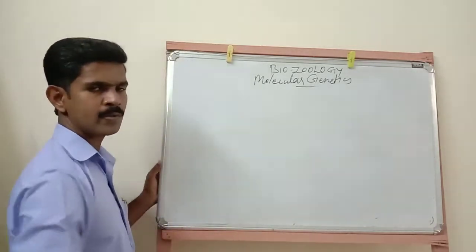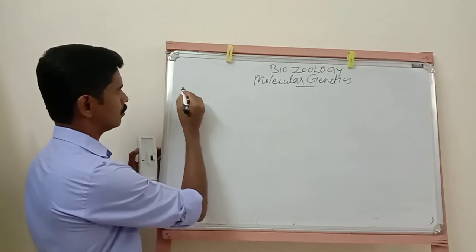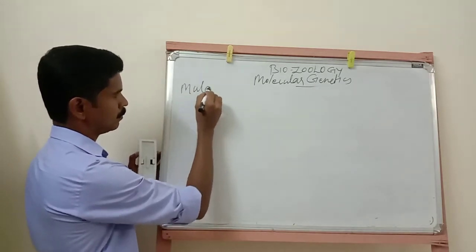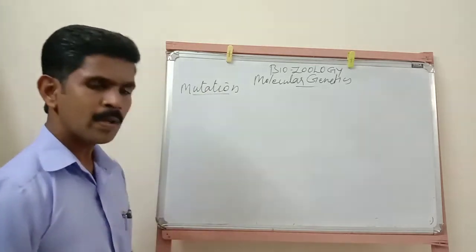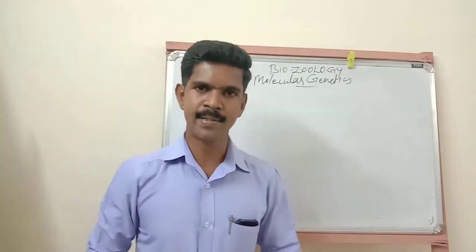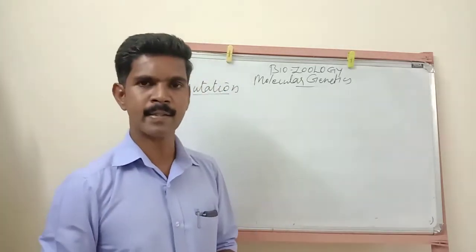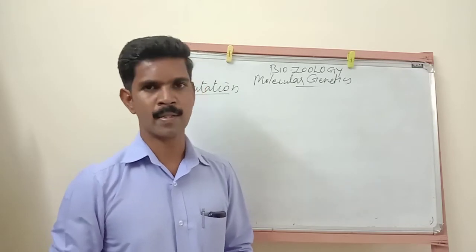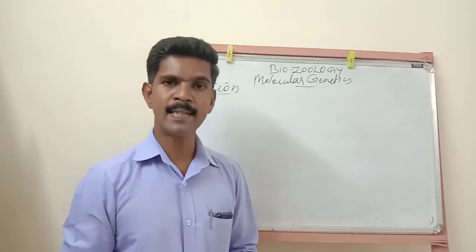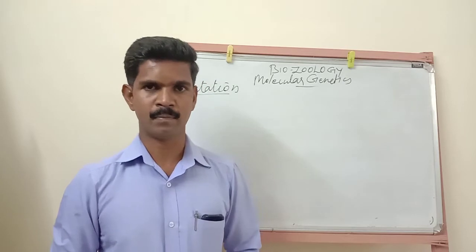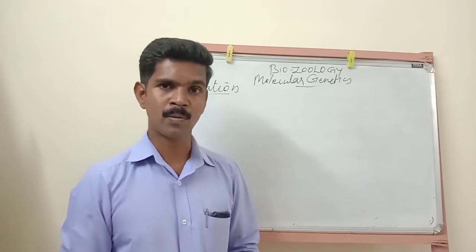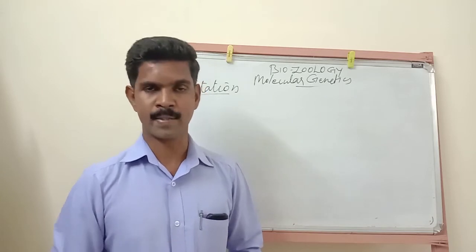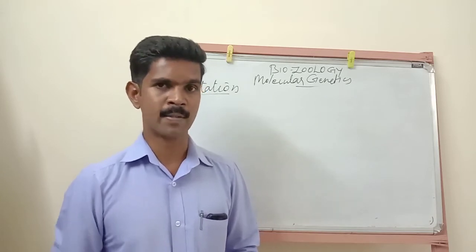The next 5-mark question is mutation. See, mutation generally means a sudden change in the gene. Sudden change in the genes is called mutation. See, changes in a nucleotide that substitute one base for another base.